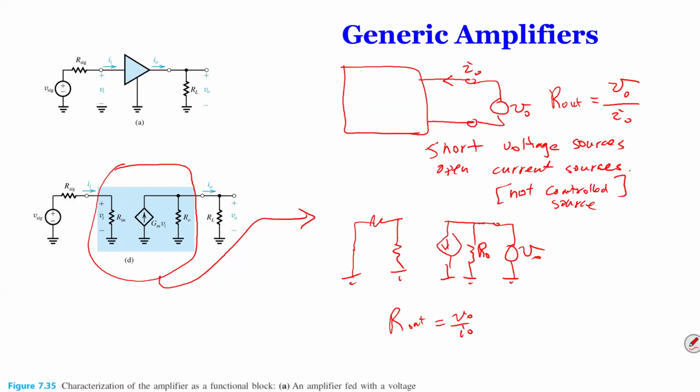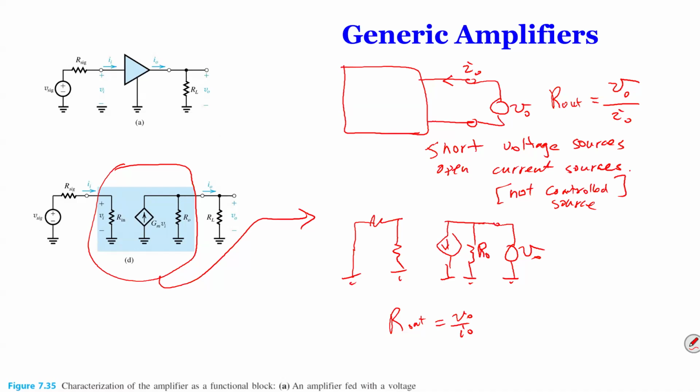R out is going to be VO over IO. You see what I did is I shorted the input voltage. I even left the R6 in the circuit, even though it's not a part of the equivalent circuit. I have to leave it there because otherwise my circuit is not complete. And I left the current source intact.